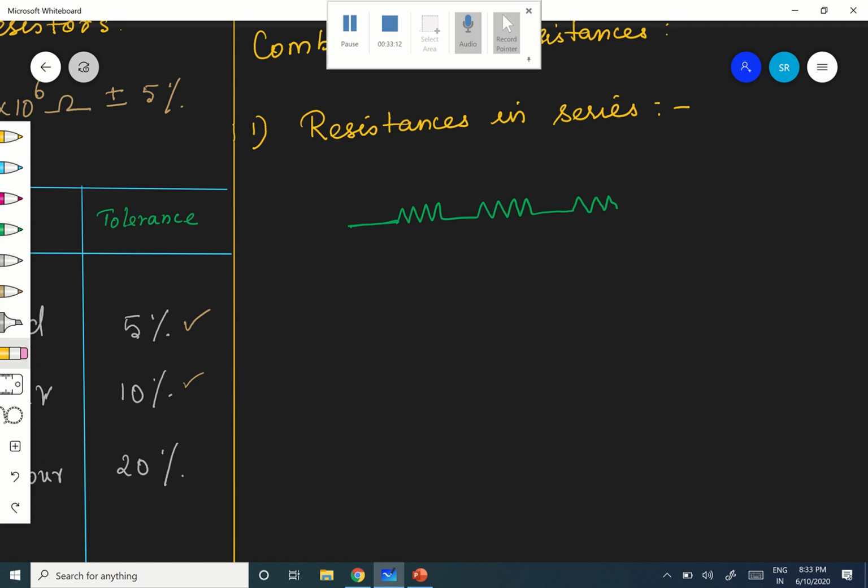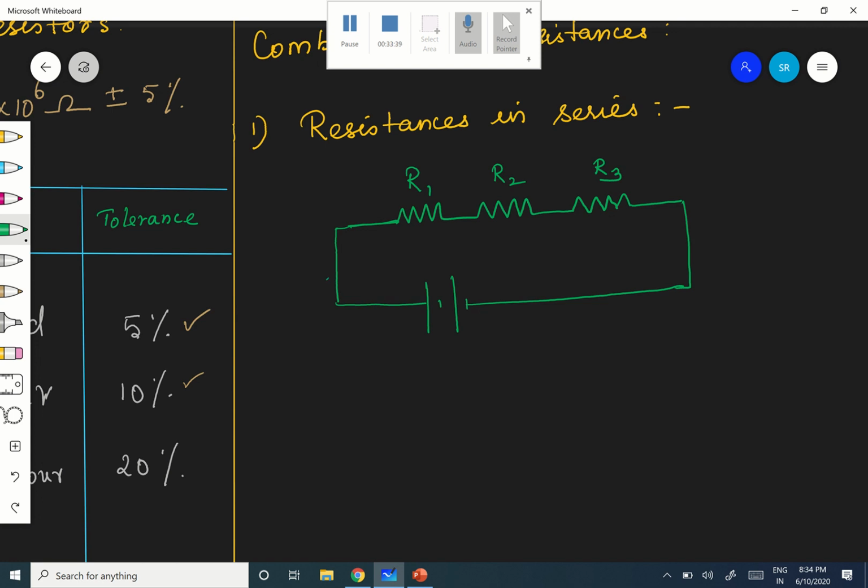So R1, R2, R3 are all connected in series, and connected to a battery.